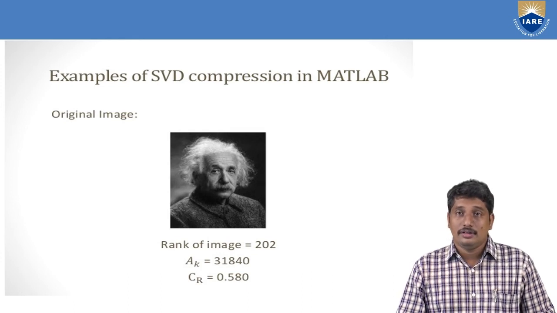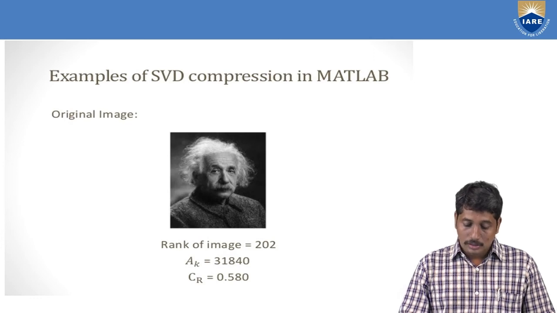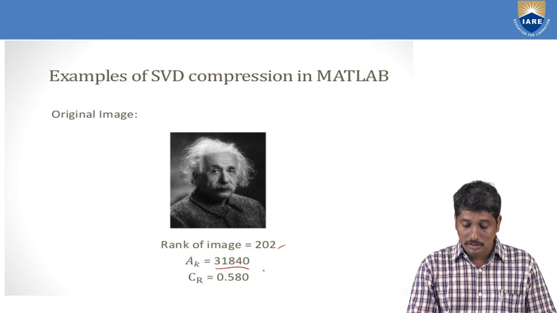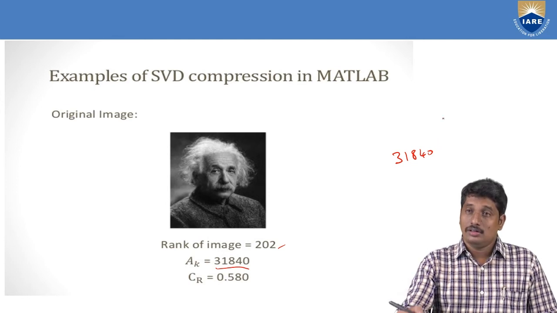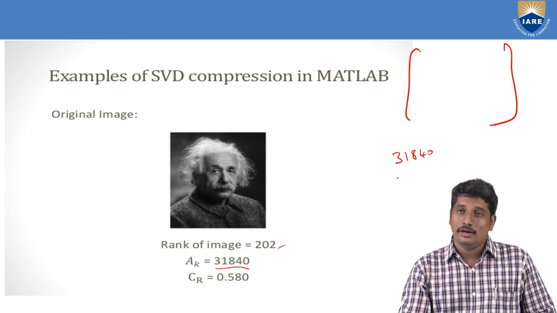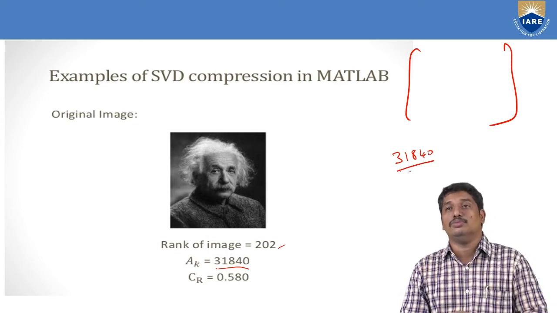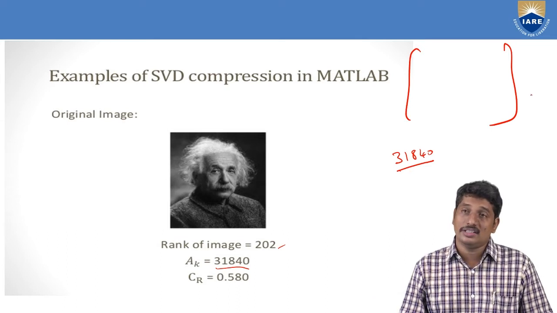So here we are seeing the image of the great scientist Albert Einstein. Its rank is 202 and it has gone through 31,840 iterations. That means originally its pixel size is in the thousands, and you have done 31,840 singular value decompositions for the pixel matrix.